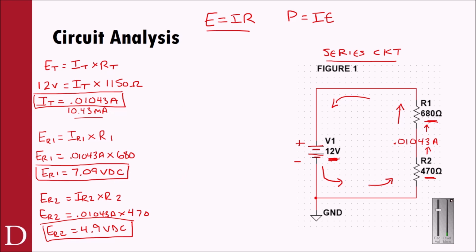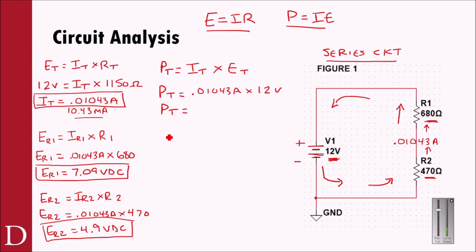The only thing we'd have left to do is if we wanted to calculate power. And again, we could calculate total power, or we could calculate the power of an individual component. I'll do total power first. So the total power is going to be the total current times the total voltage. So the total power, total current is 0.01043 amps times the total voltage, which is 12 volts.